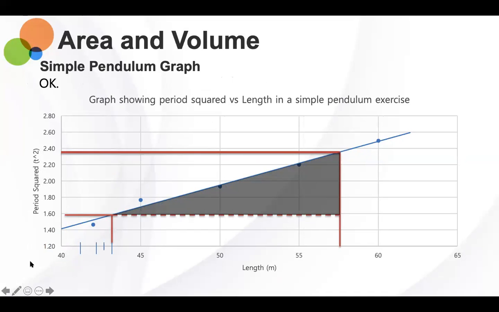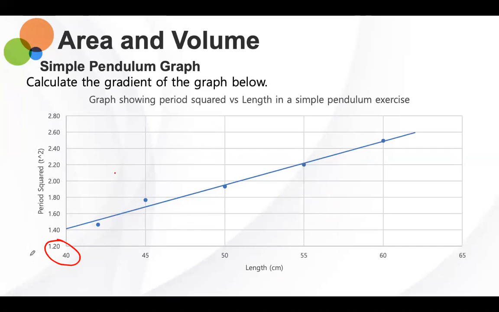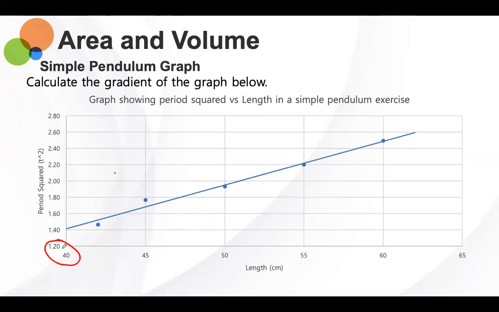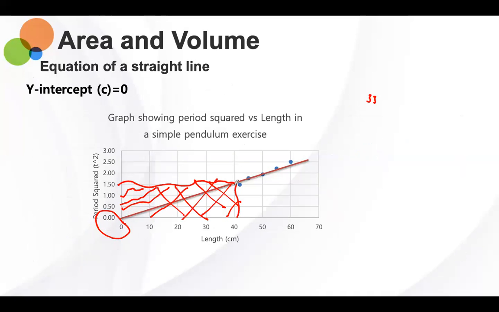But this graph starts at 0, and this graph starts at 40 and 1.21. But these graphs are the same, right? Now, why we start at 40 here, we essentially cut out most of this space right here to prevent wastage of our graph paper, right?